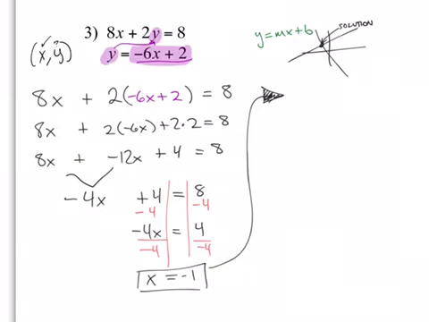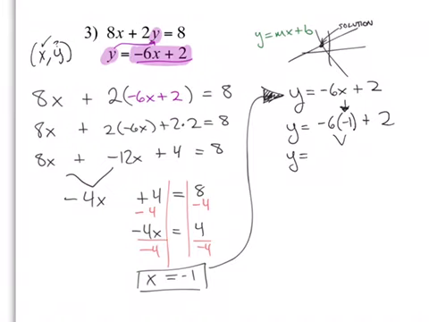Okay? In order to do that, I'll take this purple equation, y equals negative 6x plus 2, and I'm going to say, hey, I know that x in the solution should be equal to negative 1. So I'll replace the variable x with the number negative 1. And negative 6 times negative 1 gives positive 6.